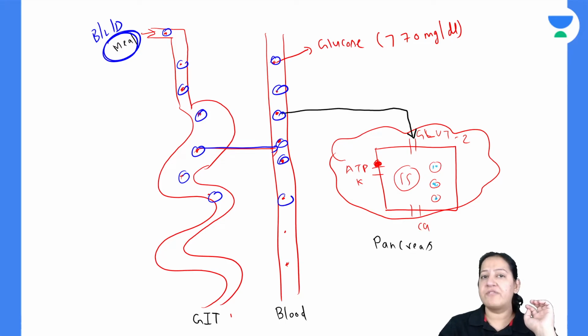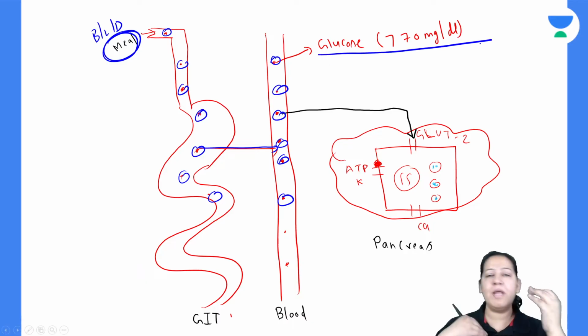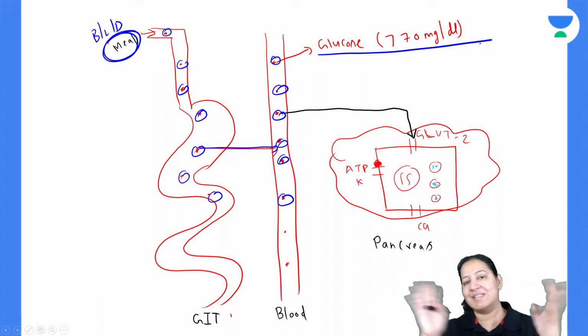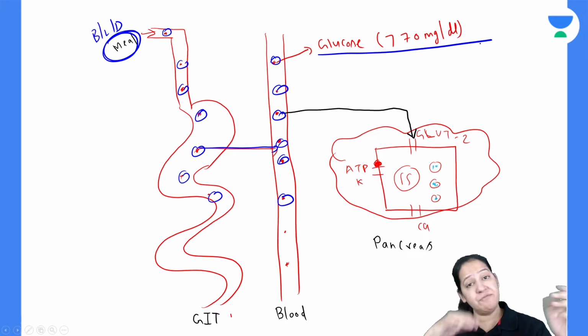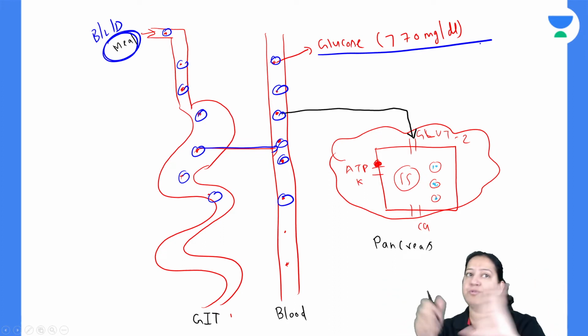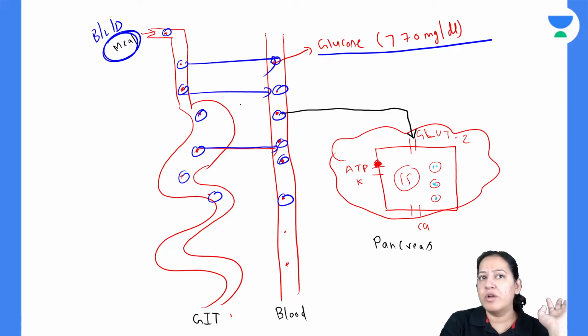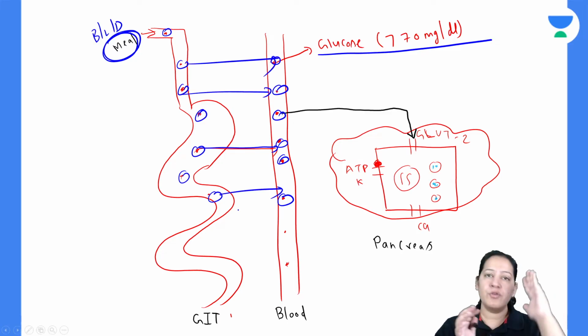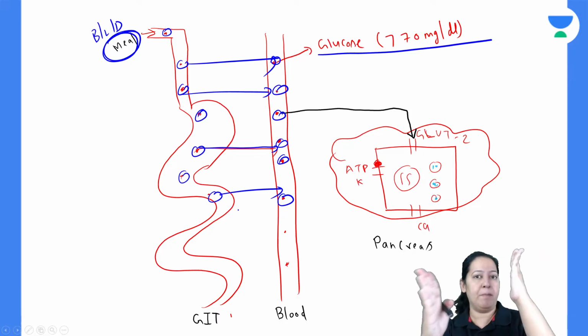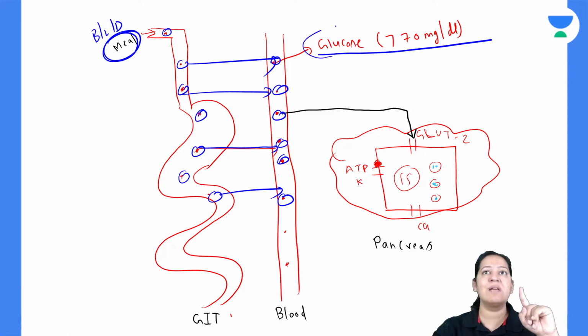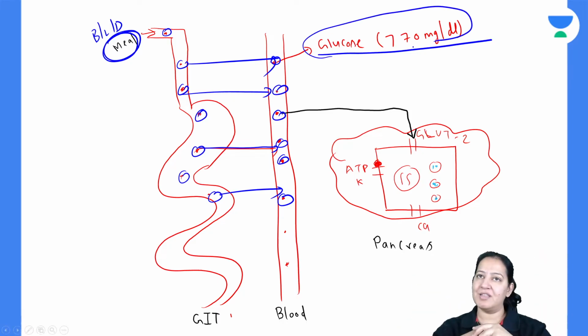When the blood glucose level rises more than 70, normally if I'm not eating, it is less than 70. But if I have a meal, it will rise more than 70 because of absorption of glucose from the food into the blood vessel. Give me a thumbs up if you got it.